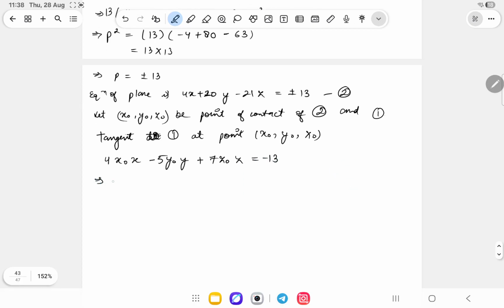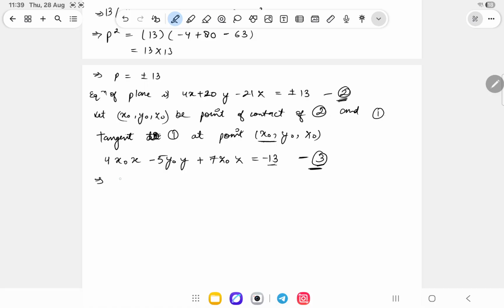So if I simplify it, let's name it as 3. So if this is the touching point of 1 and 2, then the tangent plane at x naught, y naught, z naught is this. Then plane 2 and plane 3 must be representing the same plane, and if that's the case, the direction cosines of their normals must be proportional.